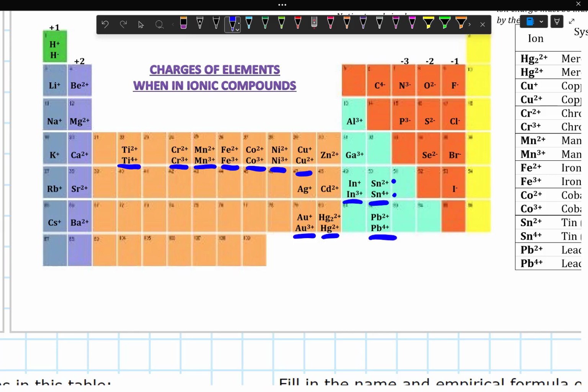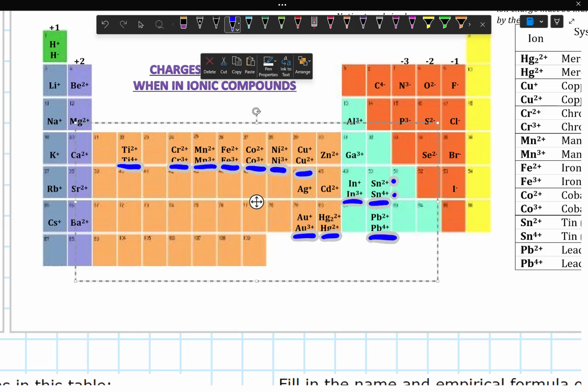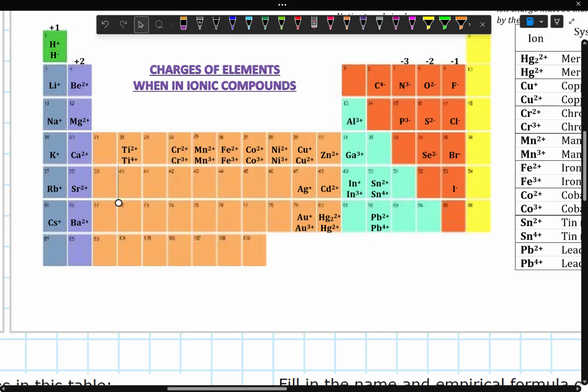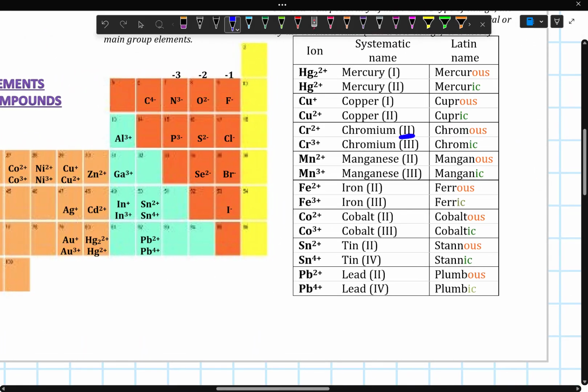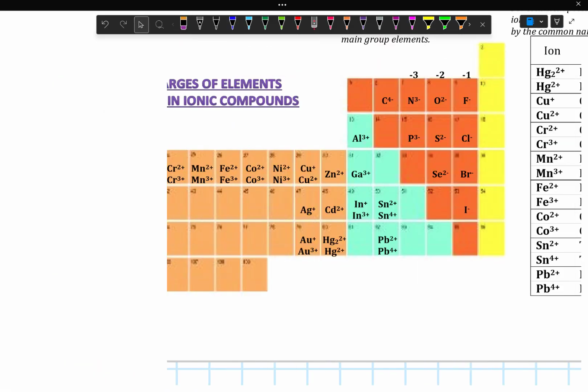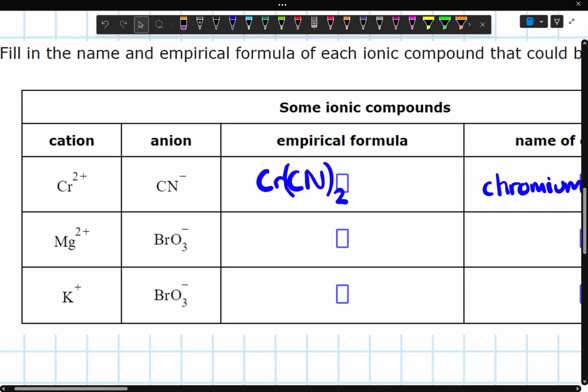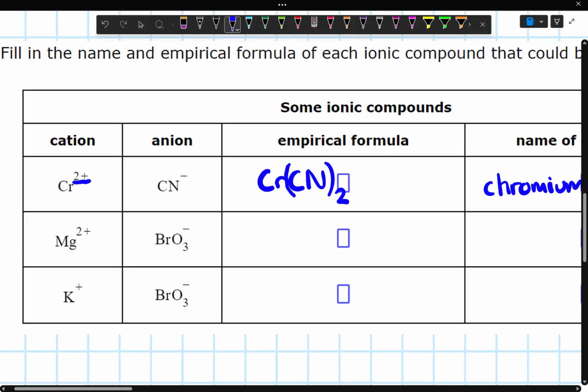So whenever you find any of these, it's important to specify which charge it has. So as we can see here, chromium can either be 2 or 3, in which case, in our example, we see that chromium is +2.